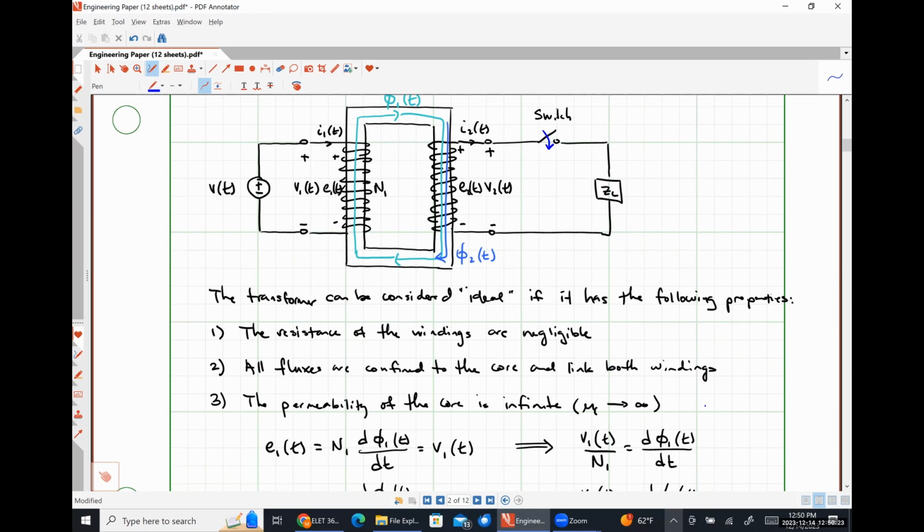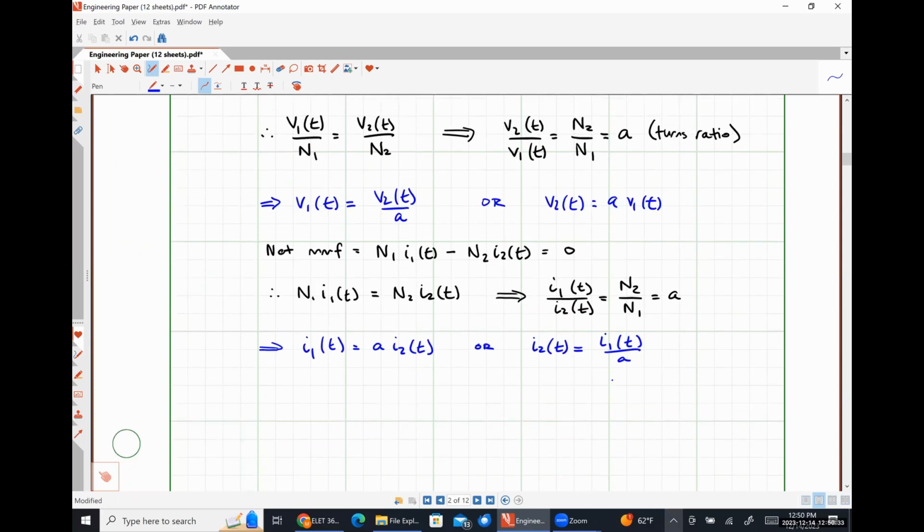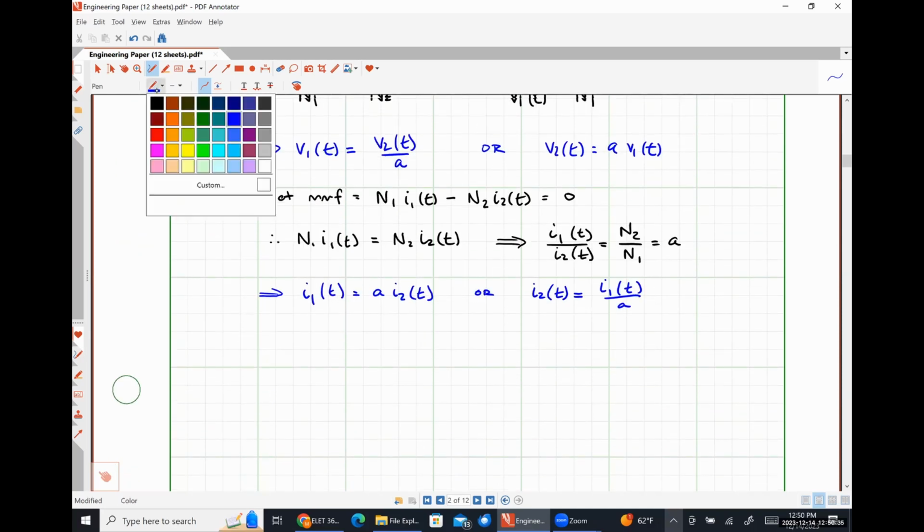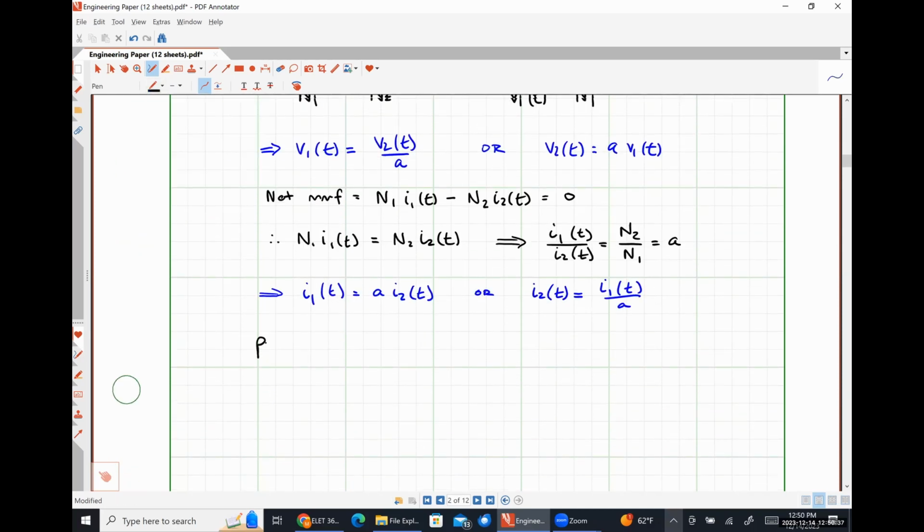So that coil is absorbing power from my excitation source over on the left-hand side, okay? So the amount of power that I'm absorbing is V1 times I1.